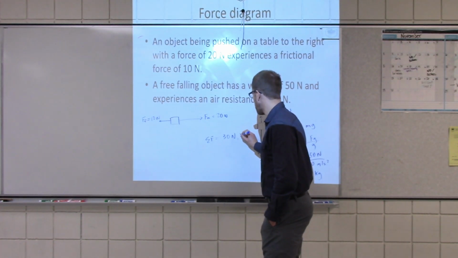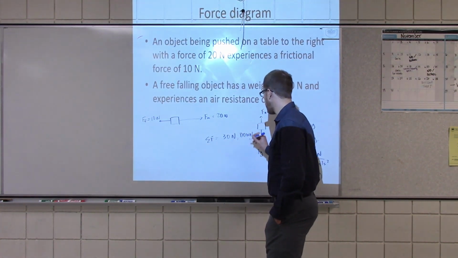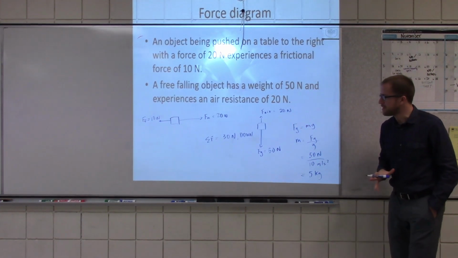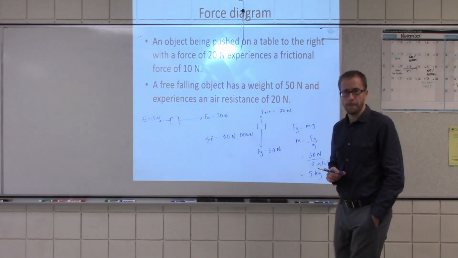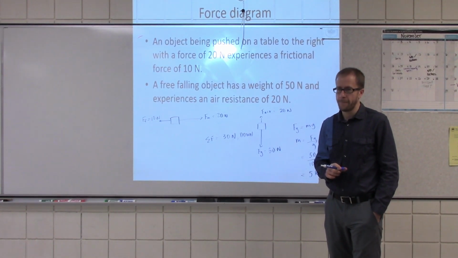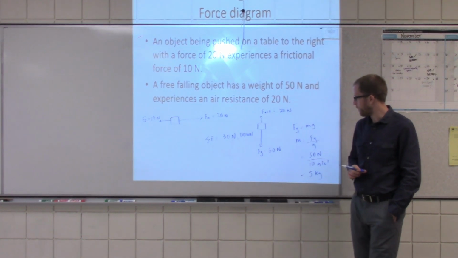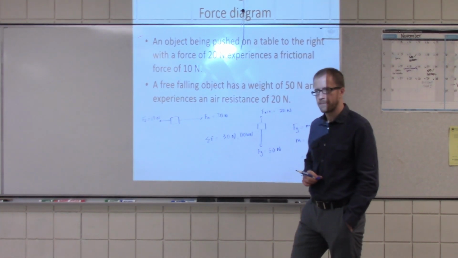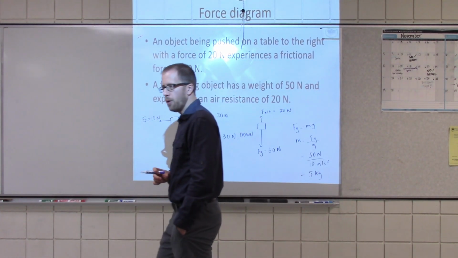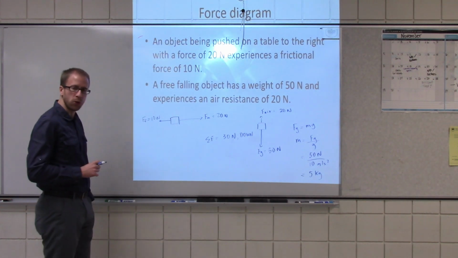I wasn't necessarily planning on doing this right now, but why not? So 30 newtons down. So how can I figure out how fast it's accelerating? We're going to use that same formula. What would acceleration be equal to?